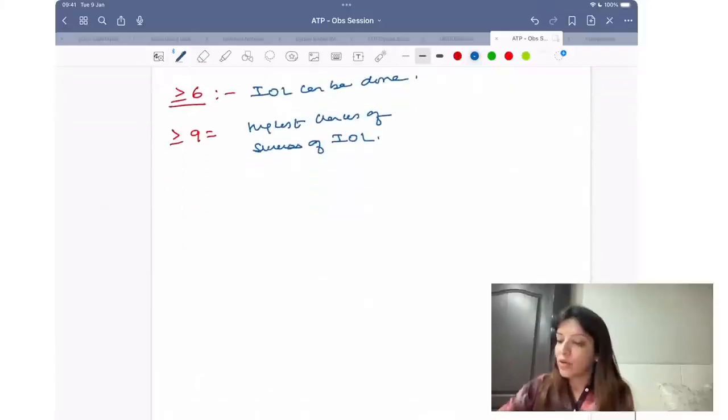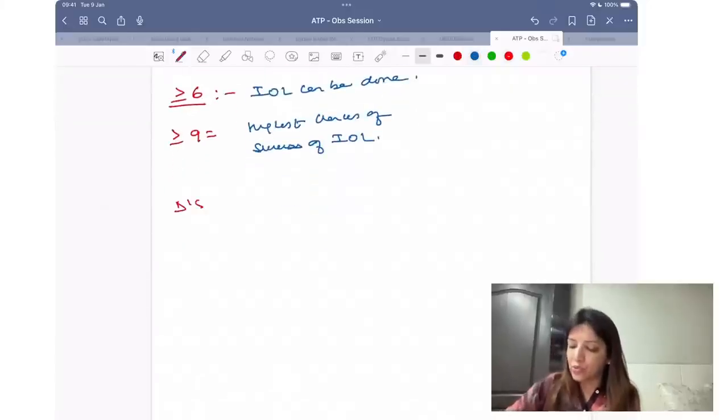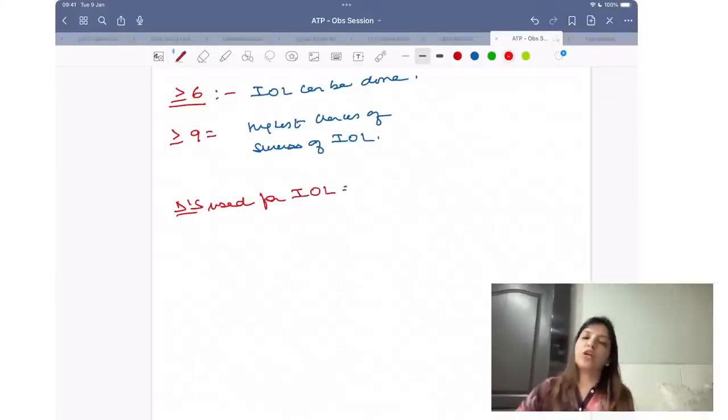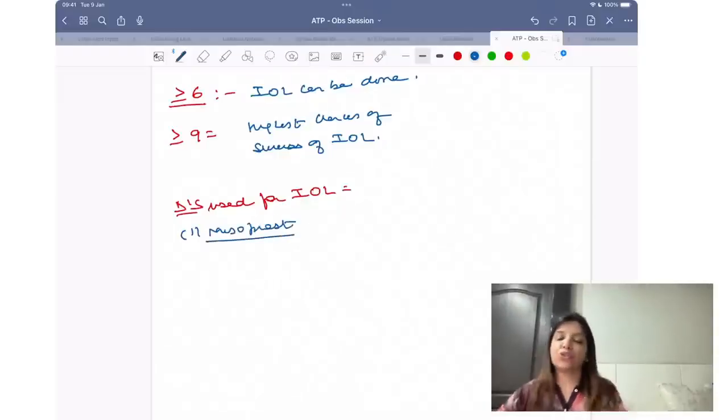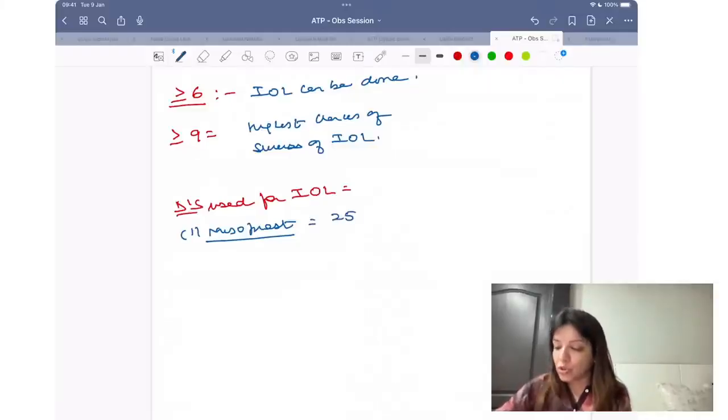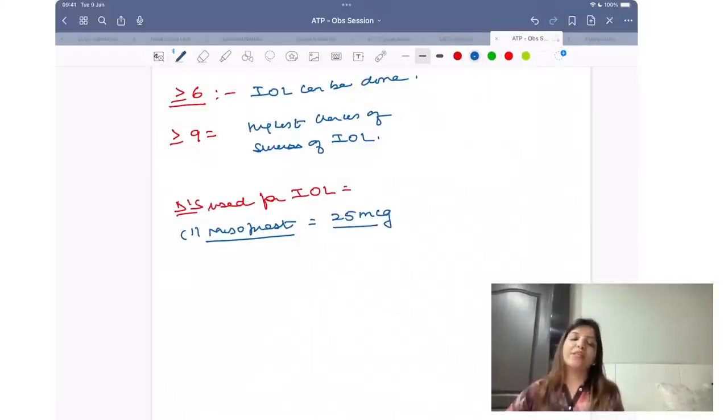Right? Now, what are the drugs which are used for induction of labor? Number 1, misoprostol. Please remember, until now we were studying very high doses of misoprostol for AMTSL, for PPH, for abortions. For induction of labor, the dose of misoprostol is 25 micrograms which you have to give per vaginally.